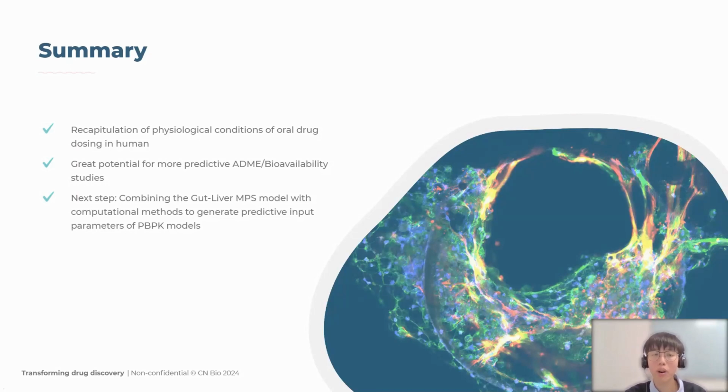And finally, a hopeful next step would be to combine the gut liver MPS model with computational methods in order to generate predictive input parameters for PBPK models. Overall, hopefully, with further developments, MPS will be able to offer an in vitro solution to reduce the use of animal testing and improve the overall preclinical drug discovery landscape.